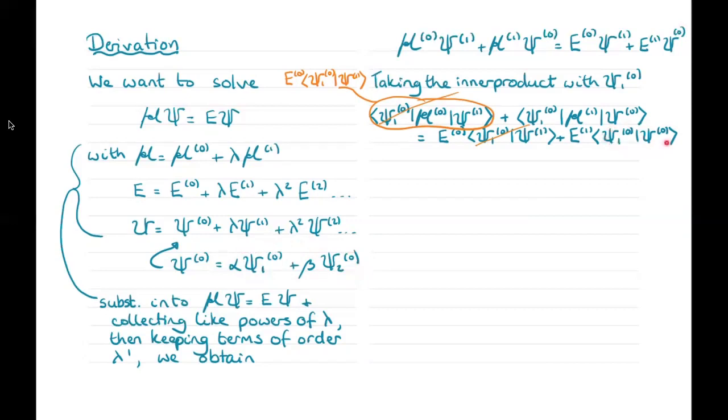And of course, since psi 1 of 0 and psi 2 of 0 are orthogonal, psi 1 0, psi 2 0 gives us 0 here. So the integral reduces to alpha, and the whole term simplifies to E1 times alpha.